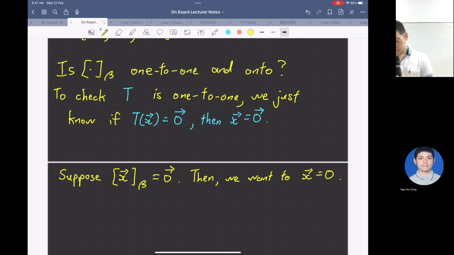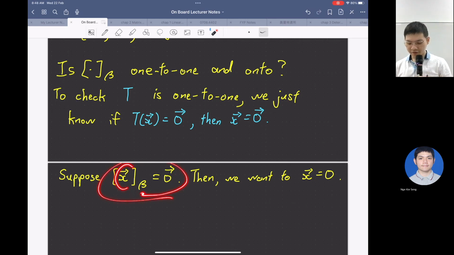So what does the first step here mean? This means the coefficient of x when you express it in terms of the basis is all 0.